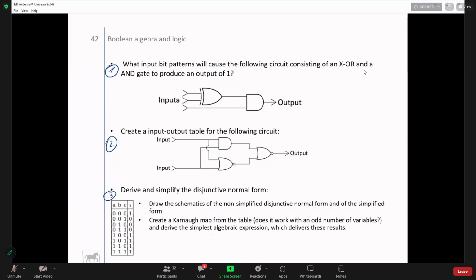So here you see a logic circuit with 3 inputs and an output. And you should find out which bit patterns at the input are causing a true signal at the output. So please try that on your own for 10 minutes, and then we are looking into that together. So just the first problem, 1 here.